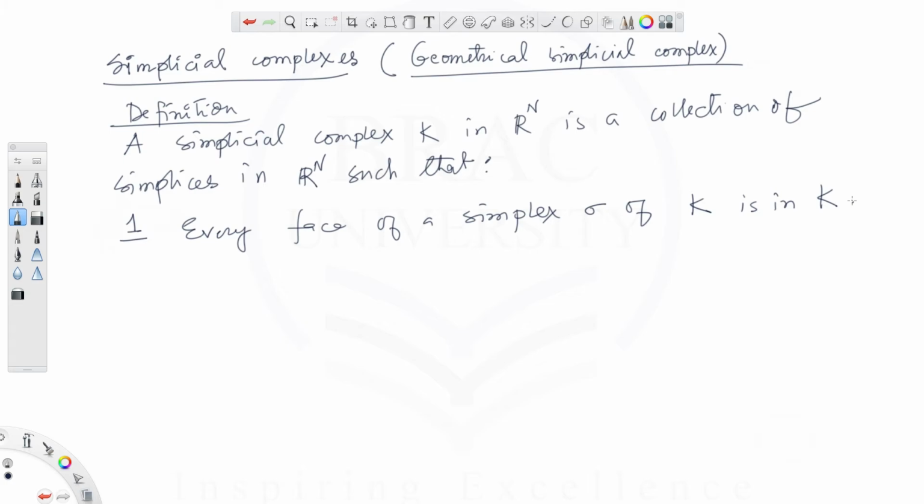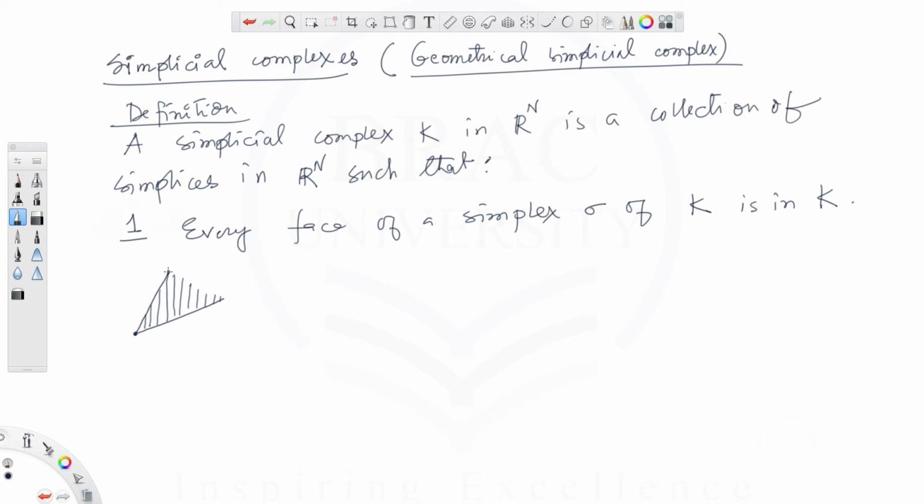Okay, it's important. It means that we cannot have something like this. Say we have this triangular region, meaning this region bounded by these two faces, but we don't have this remaining face of this simplex.